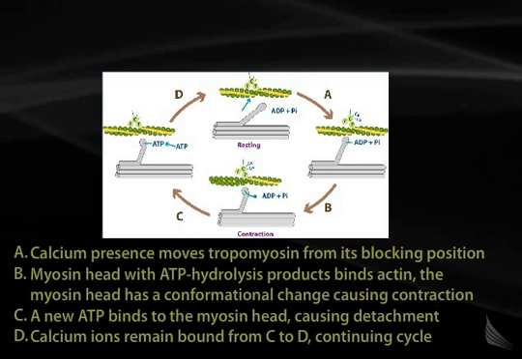That will cause the whole thin filament to slide over the thick filament. In the process of doing so, the myosin will also release ADP.